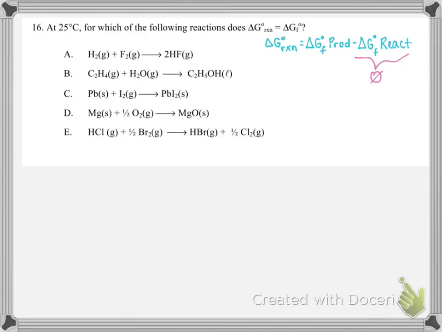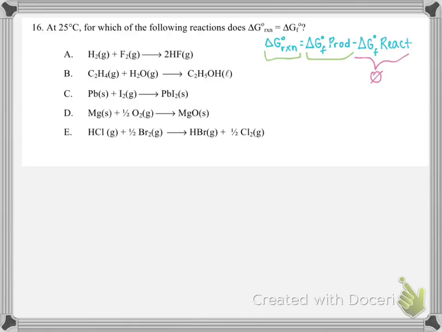And what they're alluding to is, when is this portion going to be equal to this portion? For that to ever be the case, this third term, the delta G of formations of the reactants, must be equal to 0.